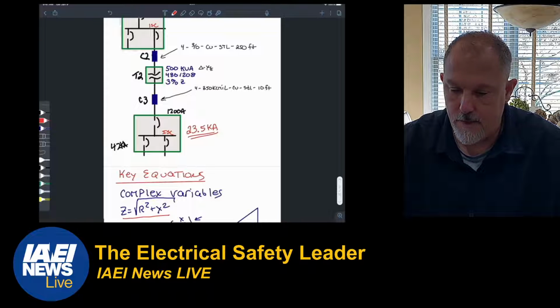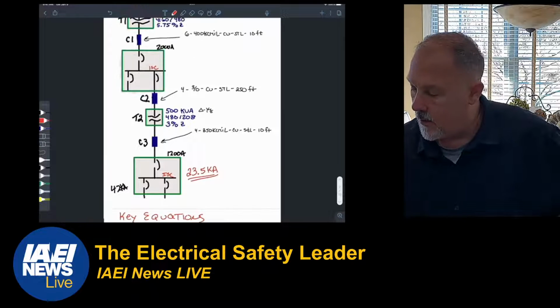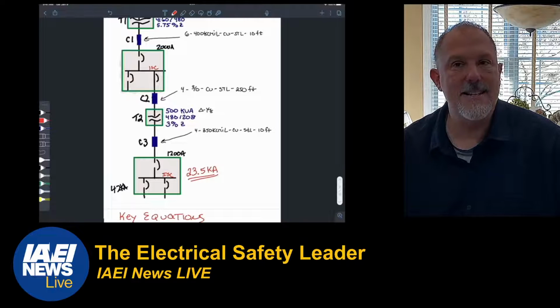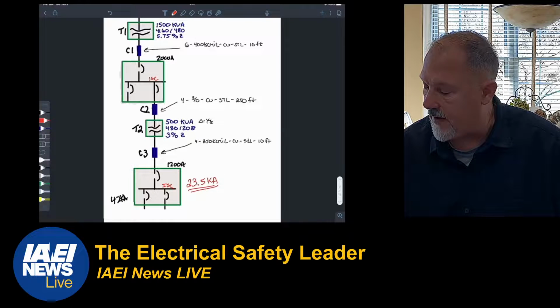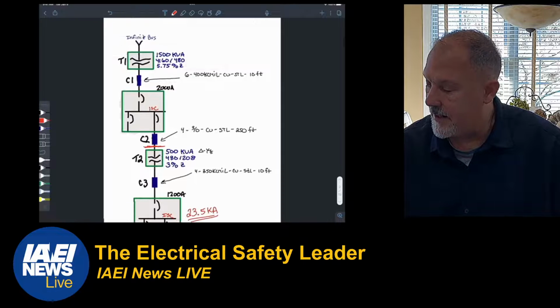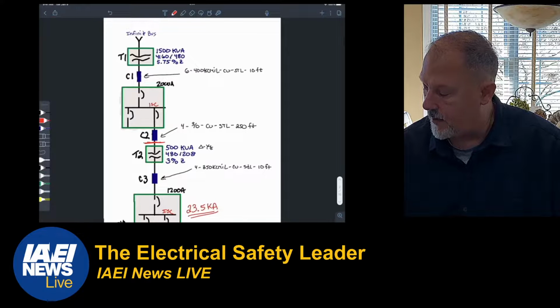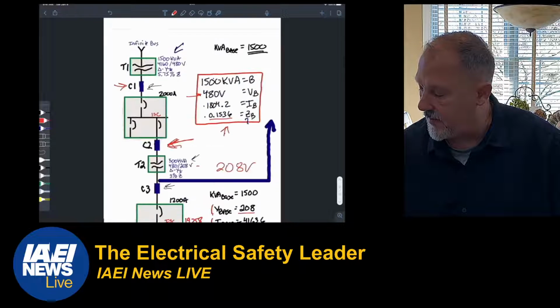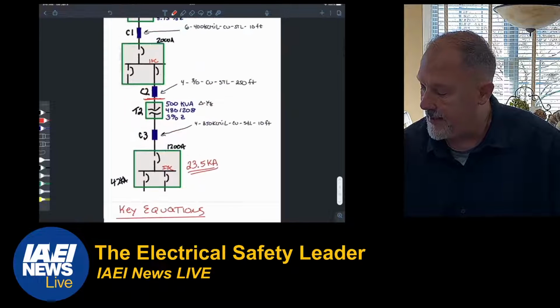Hold on. You know what we're going to use? What is my fault current on the line side of this transformer? So if I want to know the fault current at that point, here's how I do it. What's my base value? My base value at 480 is 1804.2.